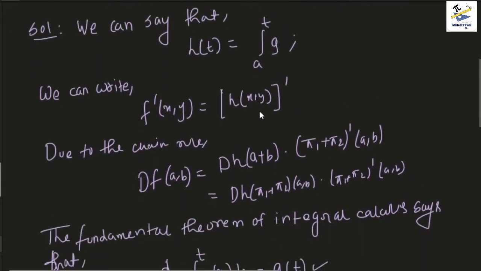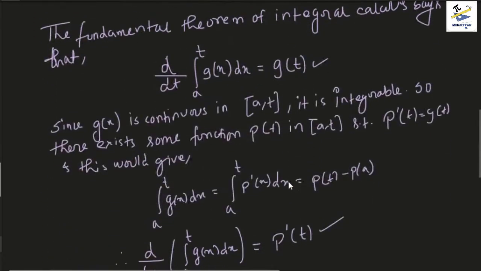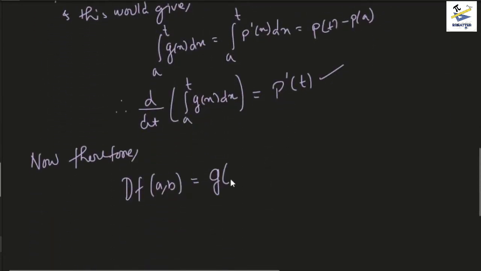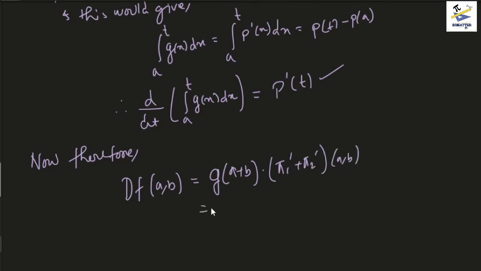So d of h of (pi 1 plus pi 2) at (a, b) is basically d of h of a plus b, which is basically g of a plus b, right? So this becomes g of a plus b multiplied by pi 1 prime plus pi 2 prime at (a, b). This becomes g of a plus b and (1, 0) plus (0, 1) at (a, b).